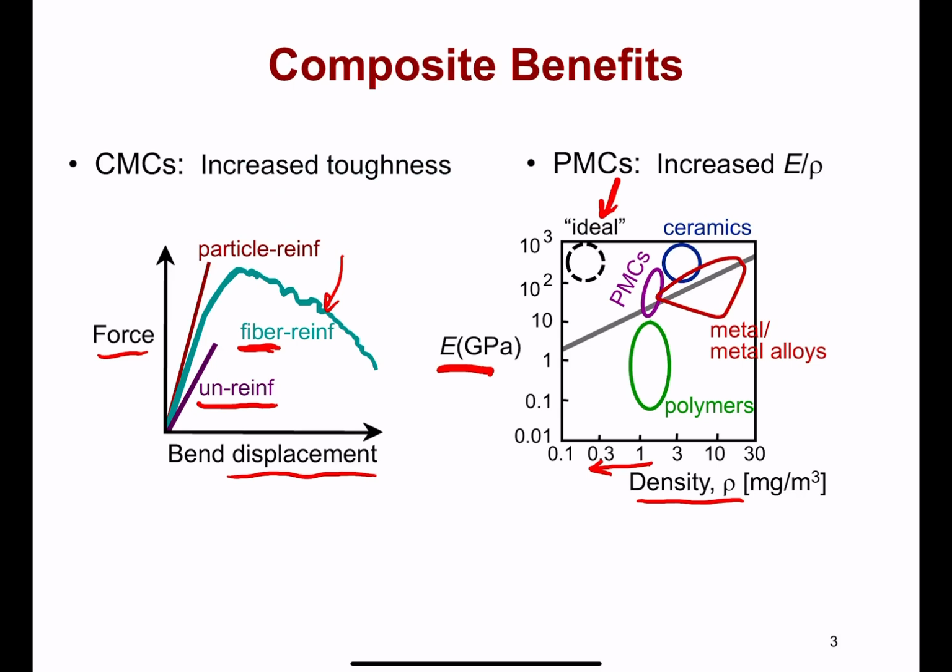And that would be up in this near ideal territory here. Okay, so very low density, high stiffness materials are going to be excellent candidates for structural components in various applications like automotives, aerospace, or even nautical vessels.